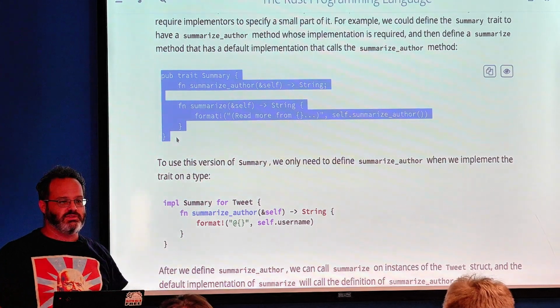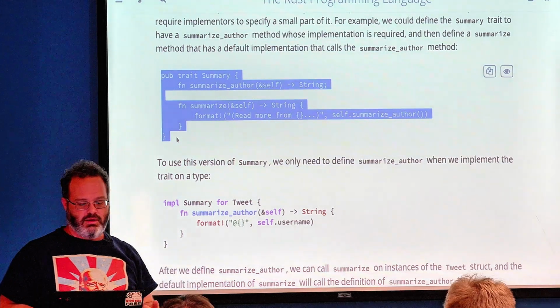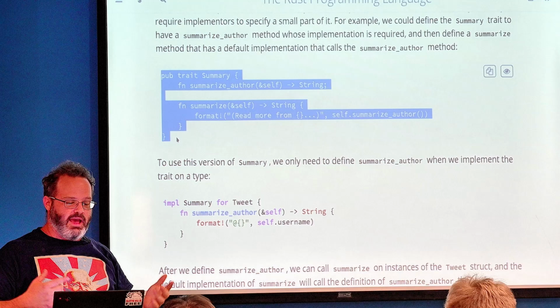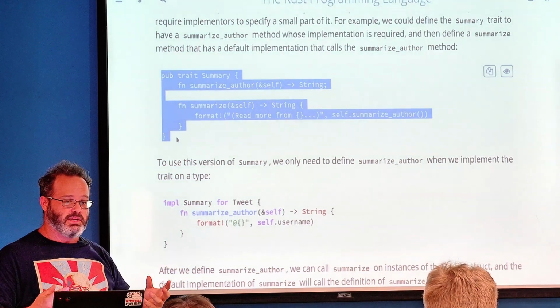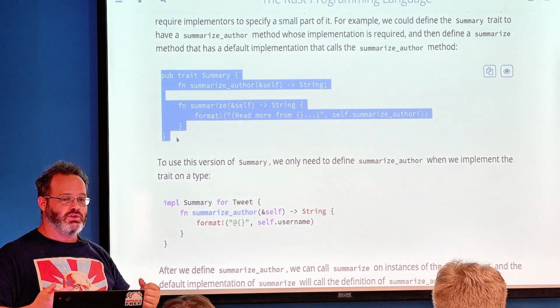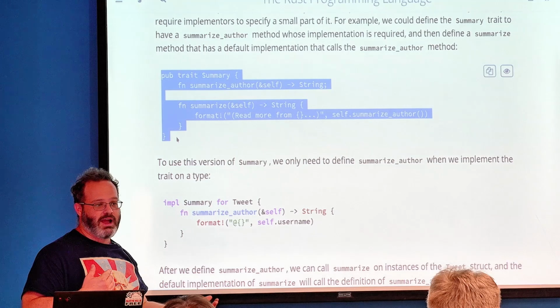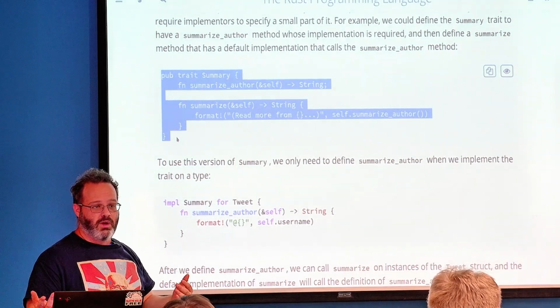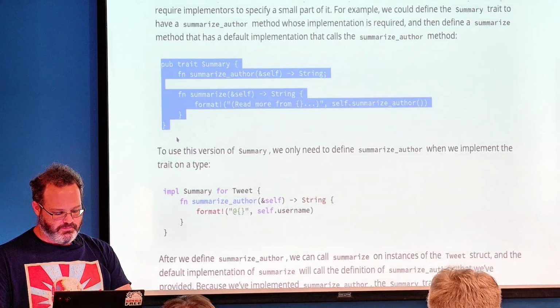And the reason why this is useful is we can implement a custom summary with just specifying the author, and we can have the summarize function dynamically change in a default implementation. We can implement half of it and have the other half of it work, right? If we have two different defaults and we override one of them, we could change the other default. And this is what they're trying to show you here.